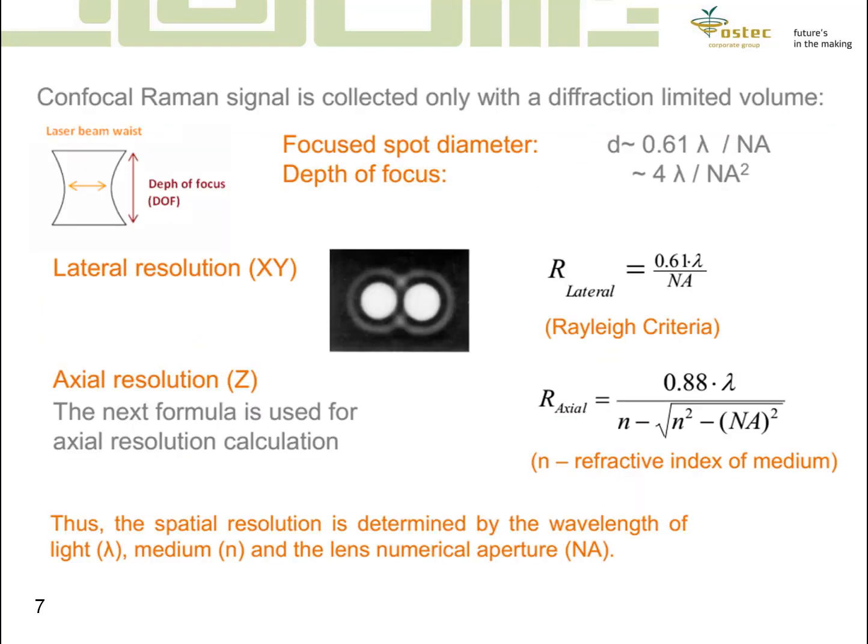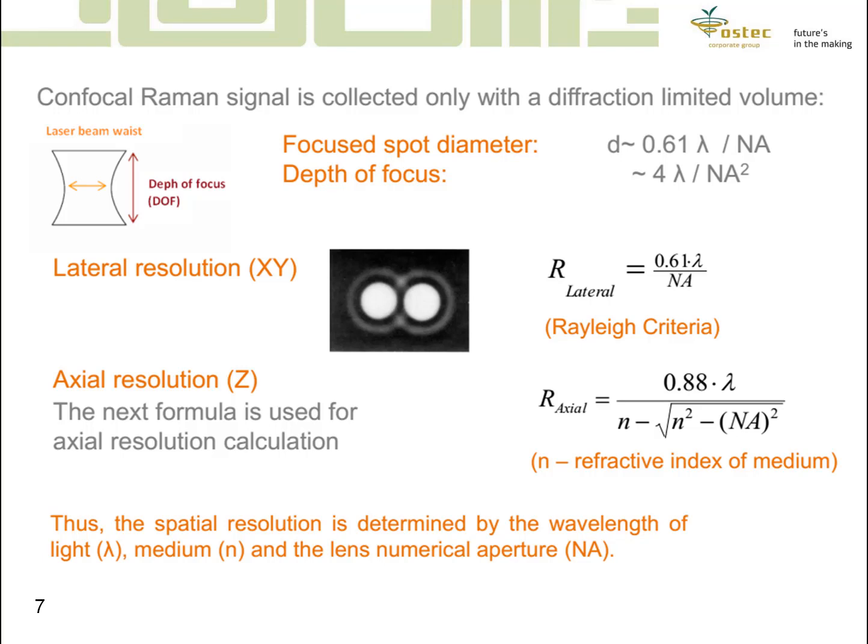So this allows us to get a resolution of about 0.5 wavelengths divided by numerical aperture. The parameter called the numerical aperture is a parameter of the objective, how wide an angle the objective can use to detect the light.